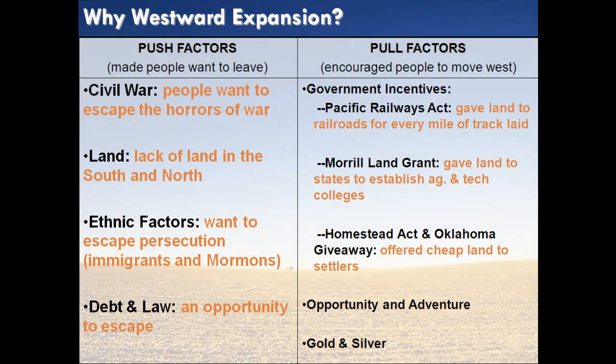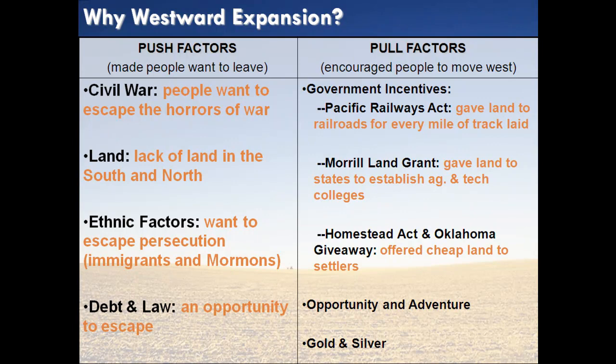And of course, the first one is the Civil War. People wanted to escape the horrors of the Civil War, which we know had a devastating human impact. They also were being forced to look for new plots of land. Because of overcrowding, there was a lack of land in both the South and the Northeast.